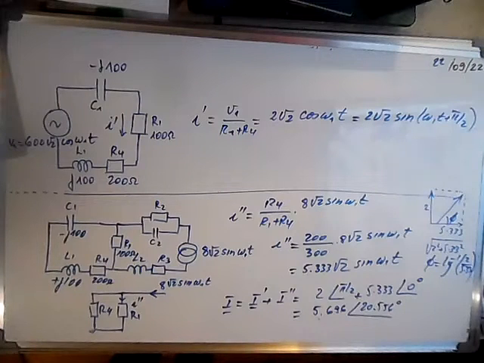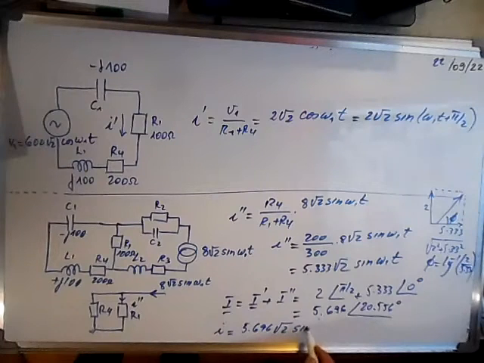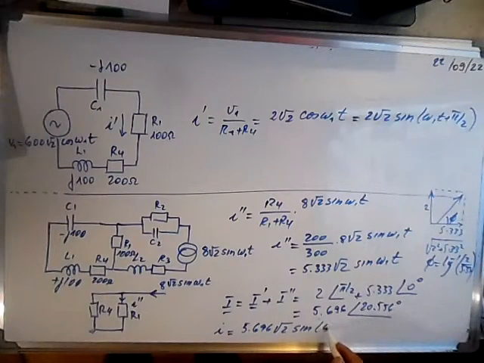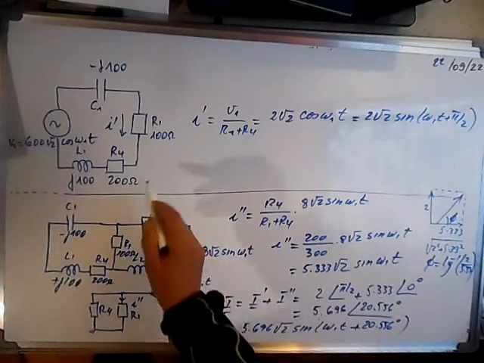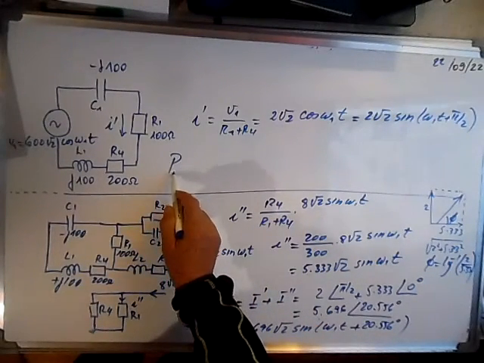From here we can write the main current I, instantaneous: 5.696 square root of 2 sine omega 1 t plus 20.556 degrees.